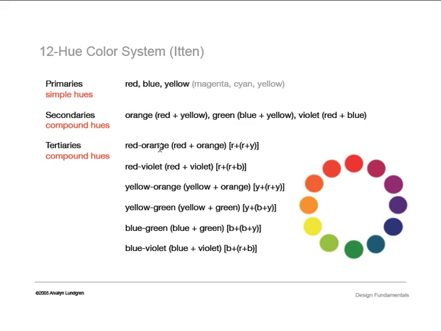And those are the compound hue names, with hyphenated names: red-orange, red-violet, yellow-green, yellow-orange, blue-green, and blue-violet. So those are your 6 tertiaries. It's technically correct to say red-orange rather than orange-red, and blue-green rather than green-blue. And those are your 12 hues.